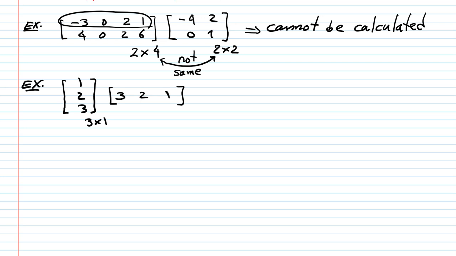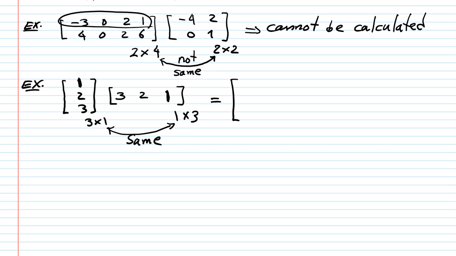Now this one is a row matrix, 1 row, 3 columns. Isn't that amazing how this is going to work out? The fact that the inside numbers for the dimensions of the 2 matrices are the same means multiplication is defined.